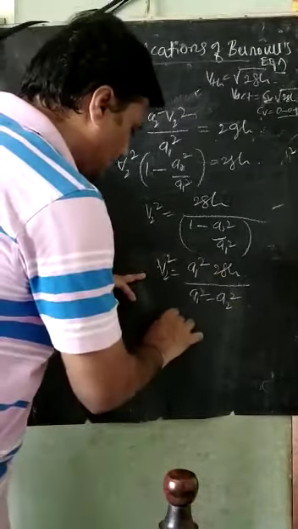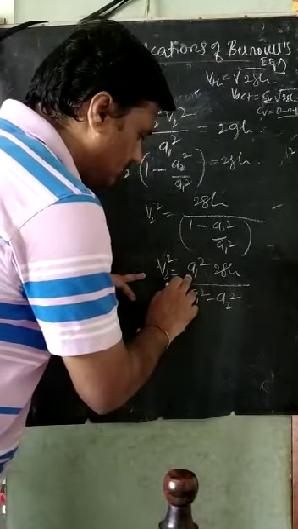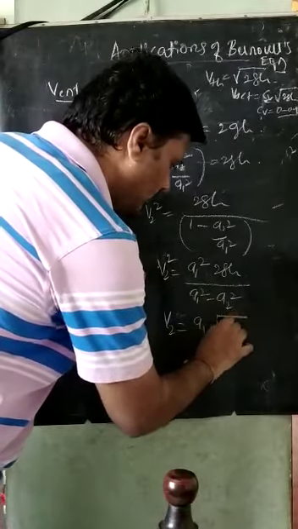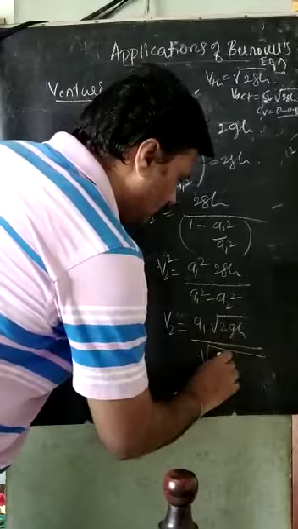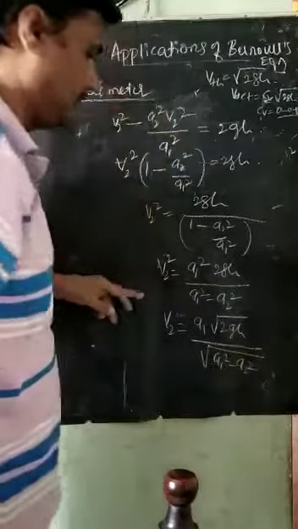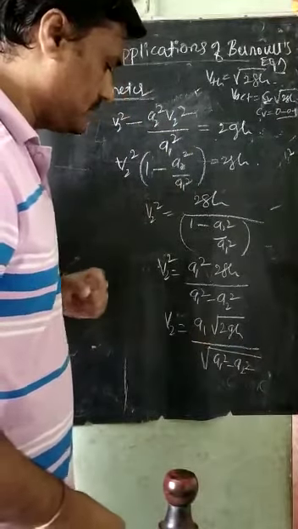Now I will make it into V2. V2 is equal to the square root of A1 square, which is A1 only, and the square root of 2gh, divided by the square root of A1 square minus A2 square. V2 is equal to this relation, which is equation number 3.